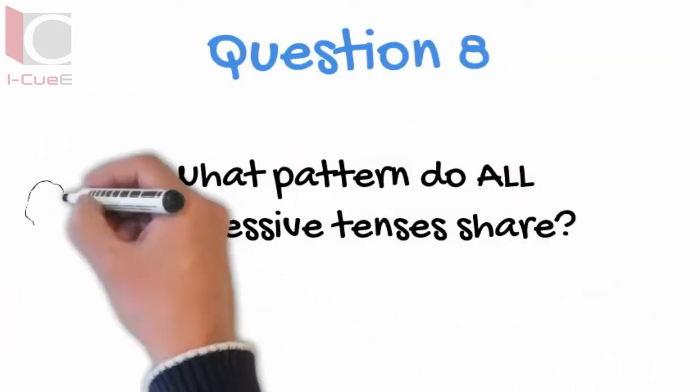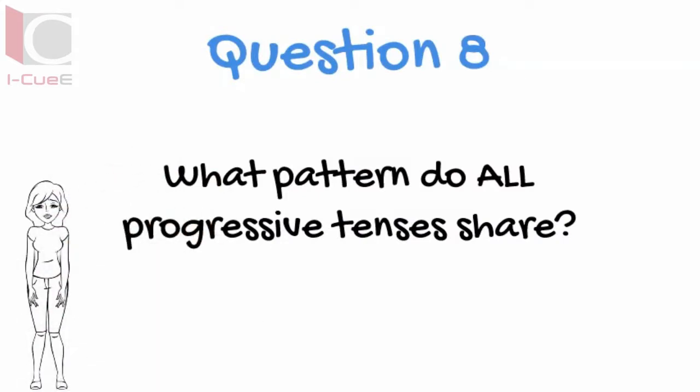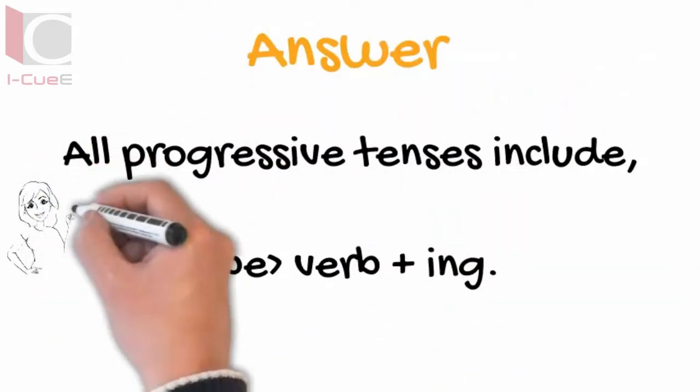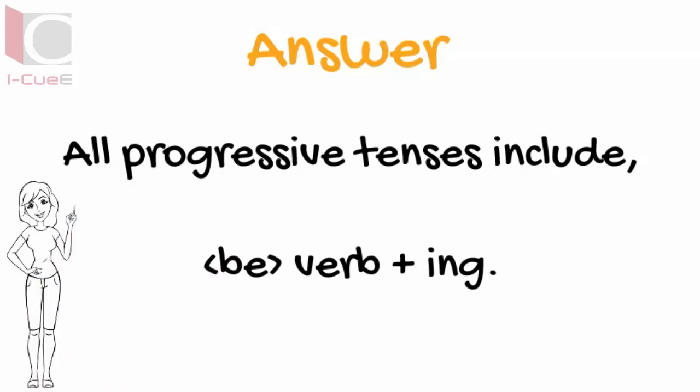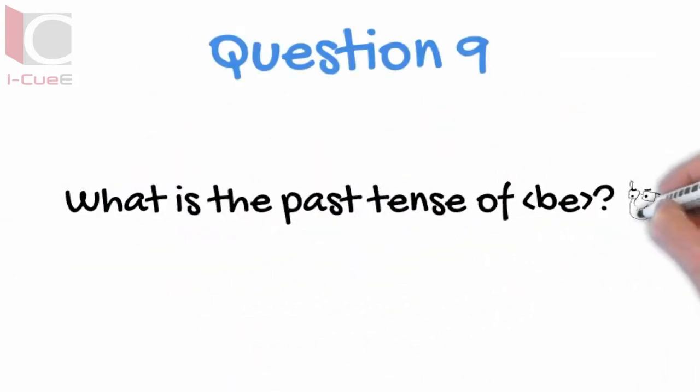What pattern do all progressive tenses share? All progressive tenses include be plus verb ing. What is the past tense of be?